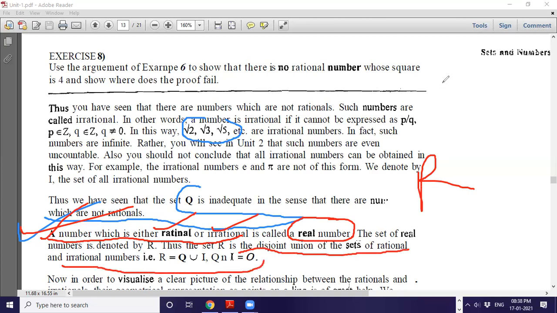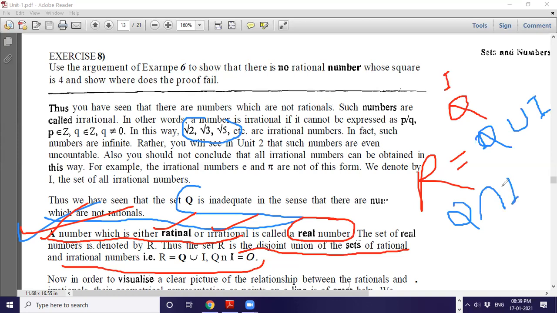So if I denote by capital I these irrational numbers, and you already have Q for rational numbers, then R can be expressed as Q union I, or the same thing, I union Q. But you know that Q intersection I is what?